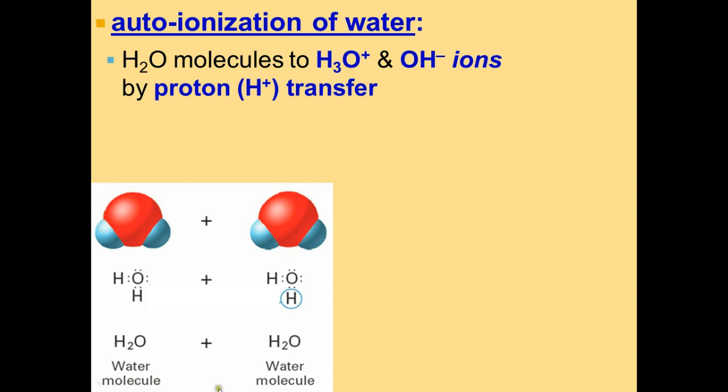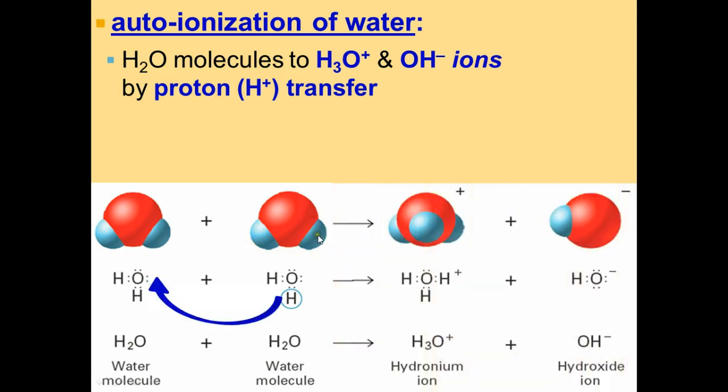Notice, we have these two water molecules, and this water molecule gives one proton to this other one and forms H3O plus and OH minus, because it gave a proton to another water molecule. Water automatically does this all the time, and when it does this, it's always equal.